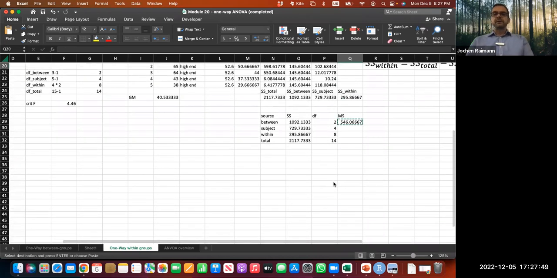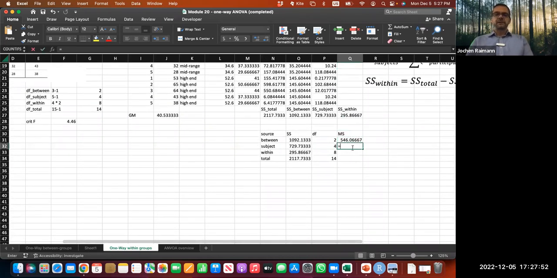For the subject variance, it's basically subject sum of squares divided by the degrees of freedom. For this within variability, it's this divided by this, which is 36. And for the total, it's this divided by 14, which gets us 151.